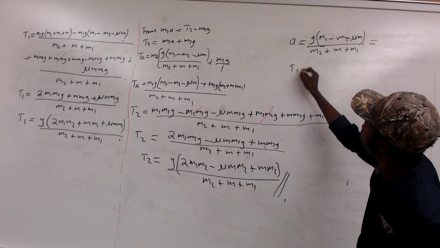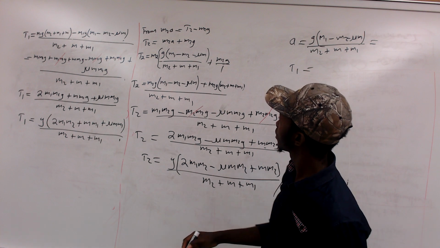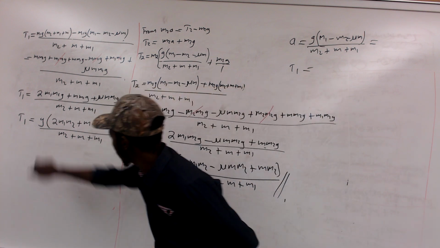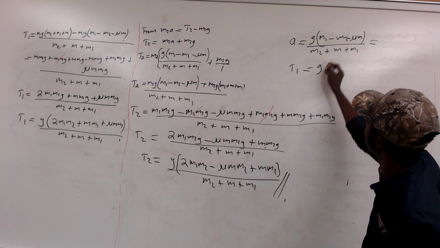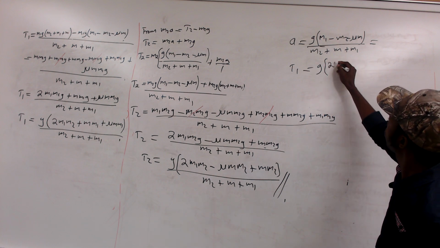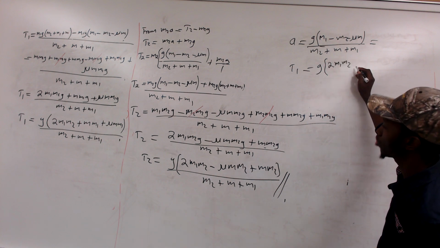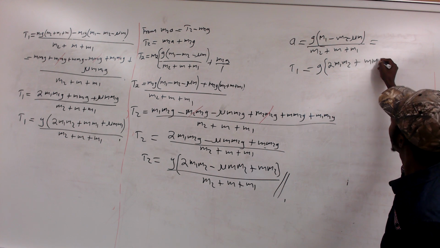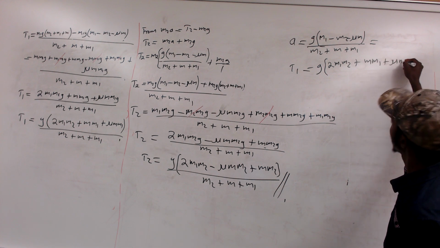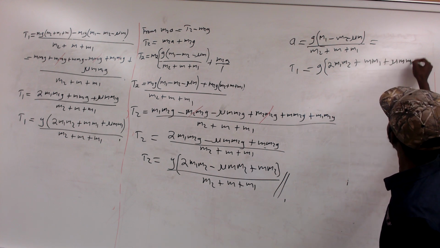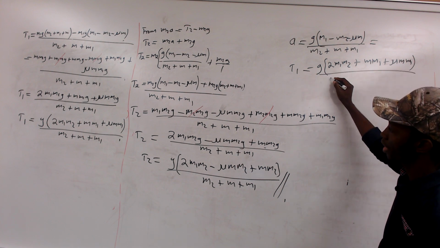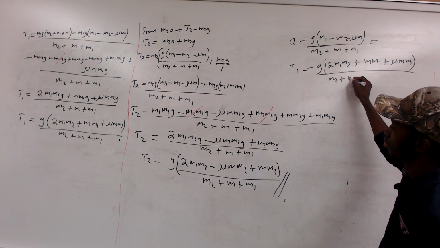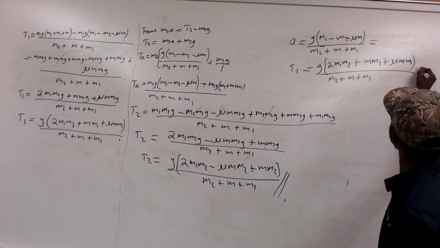And T1, we have T1 to be this. We say G into 2 M1 M2 plus M M1 plus mu M M1, divided by M2 plus M plus M1. So what's going to be the value?